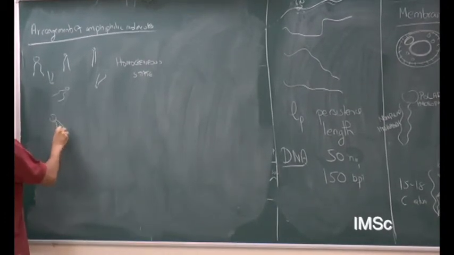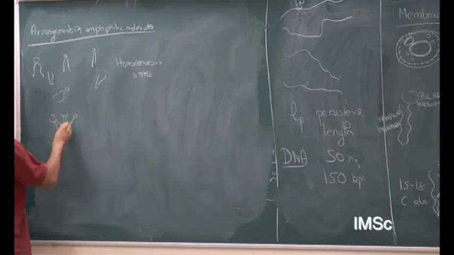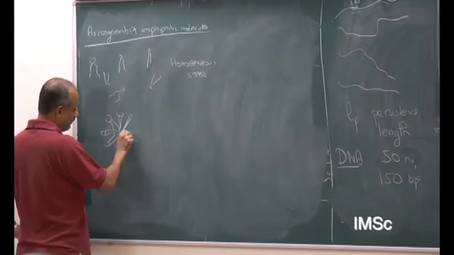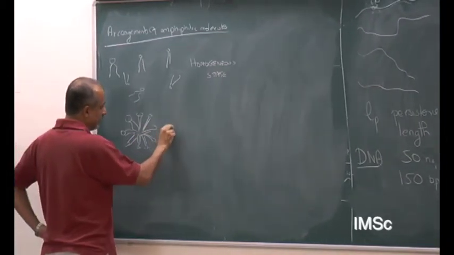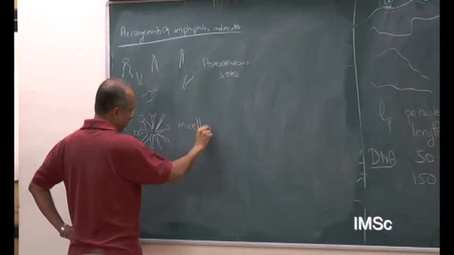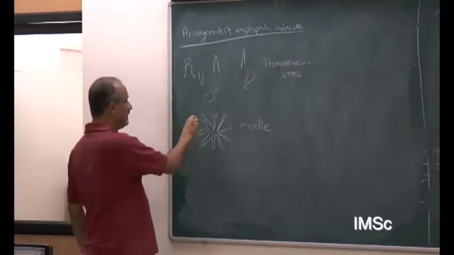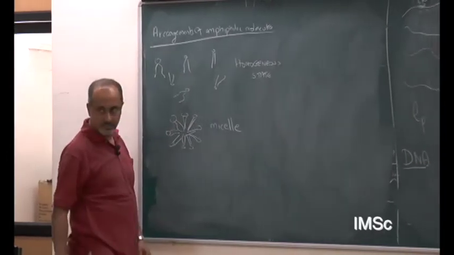One way in which they can organize is to form something that looks like this. This is called a micelle, where all the tails are packed in together and exposing the head to the outside.